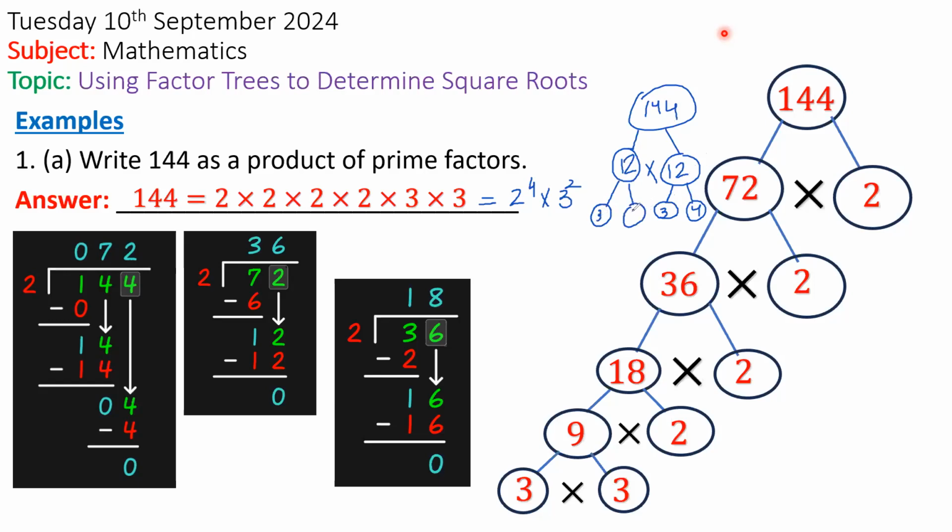Then we have to break 4 down because it's not a prime number. 4 is 2 times 2. And we do that for the other 4 again, which is 2 times 2. And we end up with the same answer. We have 1, 2, 3, 4 2s, and then we have 1, 2 3s, right?